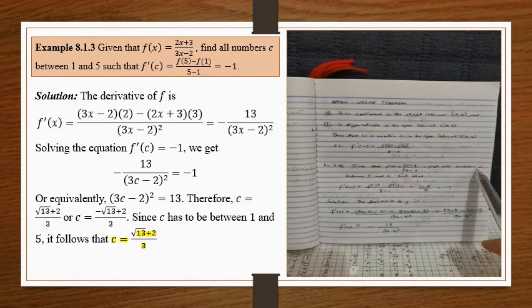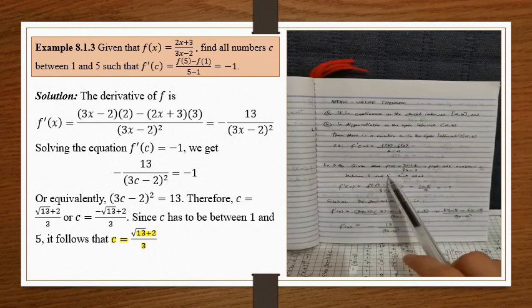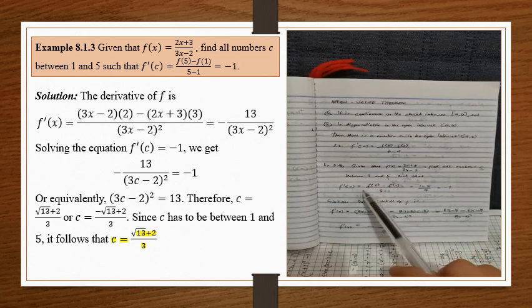And then, we will find all numbers c between the interval 1 and 5. So, our given interval is 1 and 5. It implies that our a here is equal to 1 and b is equal to 5. Okay? And then, our f prime of c is already given, that is equal to negative 1.